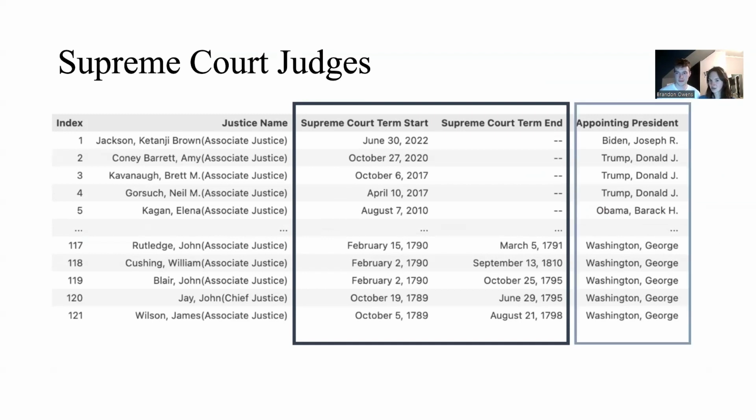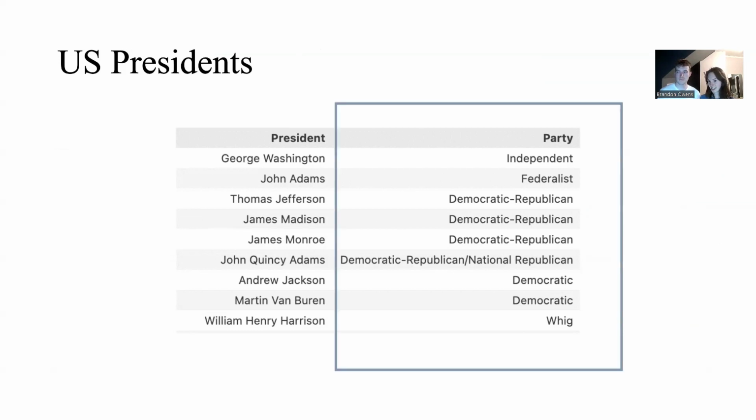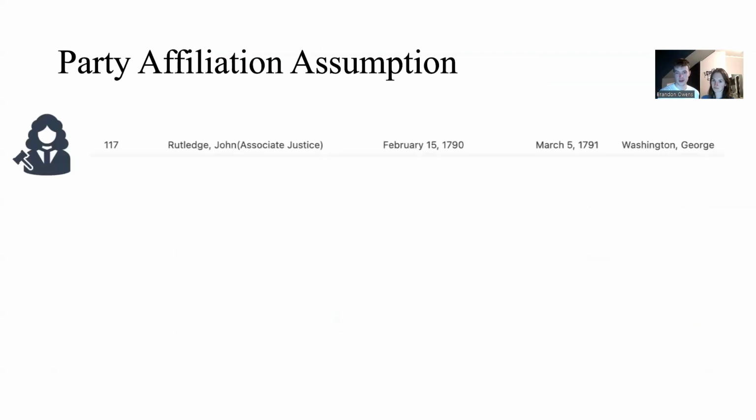And the way we did this was we had another data set, which was US presidents. And we matched the name of the president from the previous data set to the party in this data set. And then in order to match these up, we make a party affiliation assumption where we assume that the Supreme Court justice who is appointed, so in this case, our example would be John Rutledge, who is appointed by George Washington.